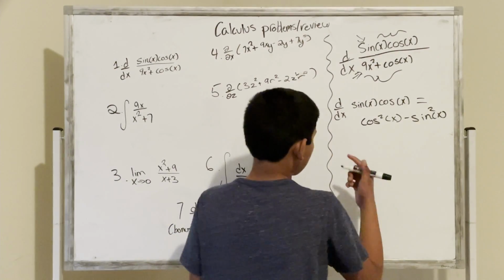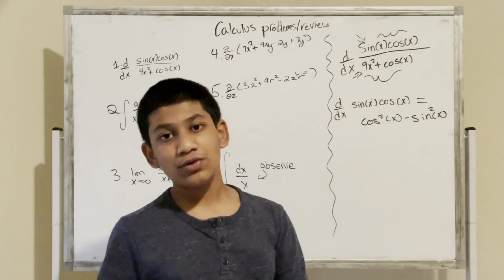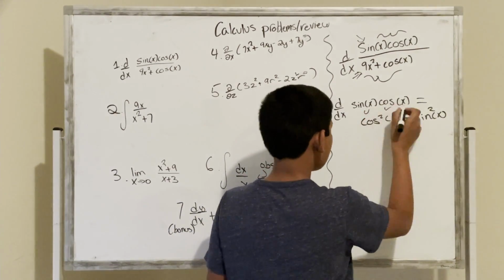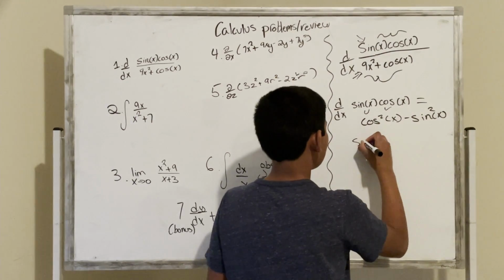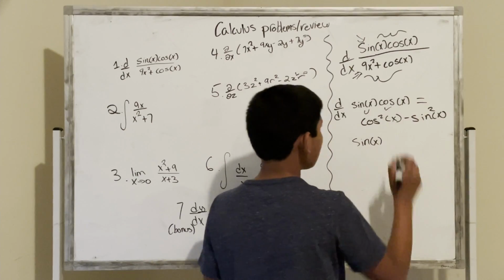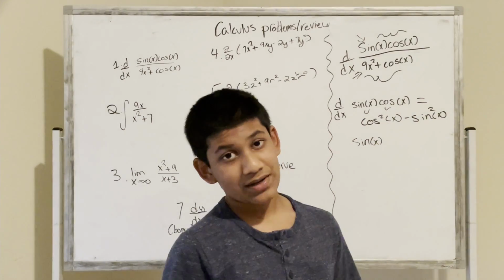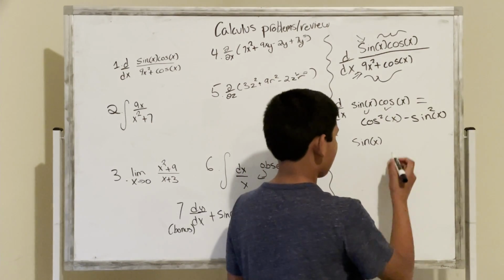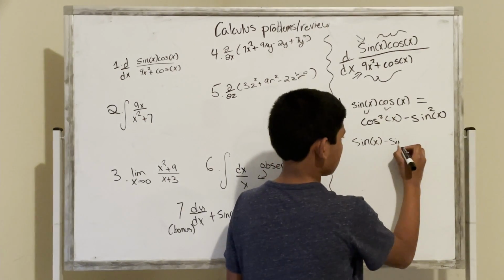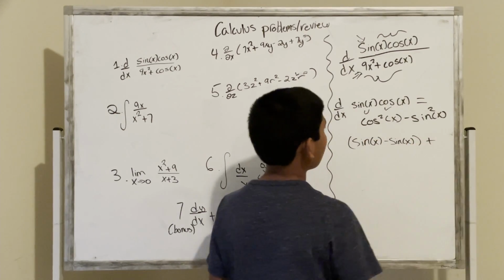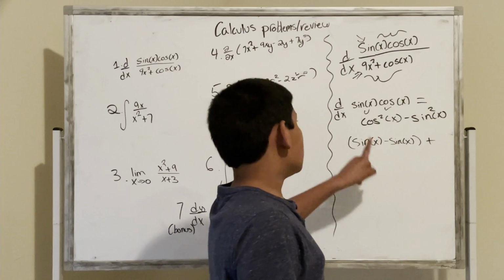Well, the product rule: uv prime plus u prime v. So let's take this u, this v. So uv prime: u is sine of x, and v prime is the derivative of cosine of x, what is that? Minus sine of x. So v prime is just going to be minus sine of x. Then we're going to add it with u prime v.